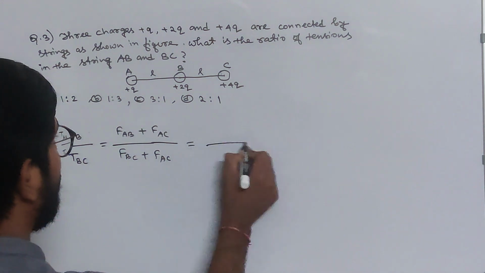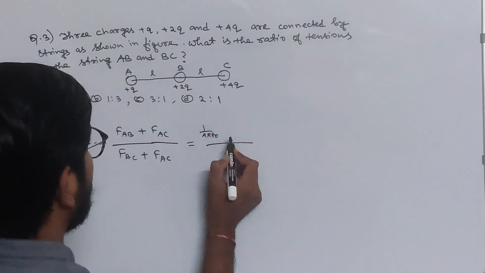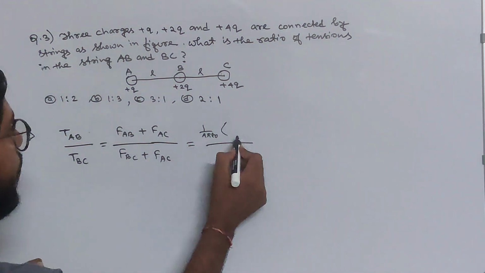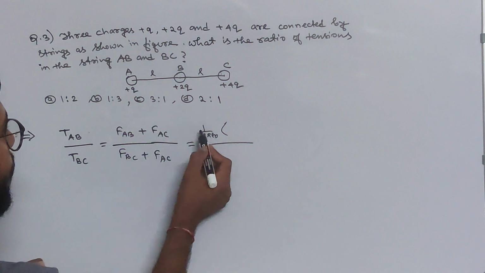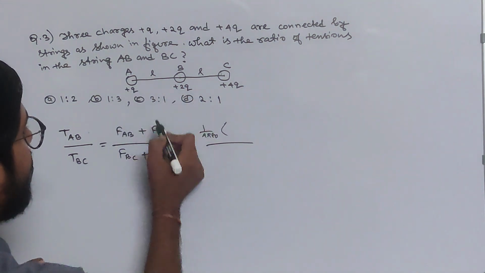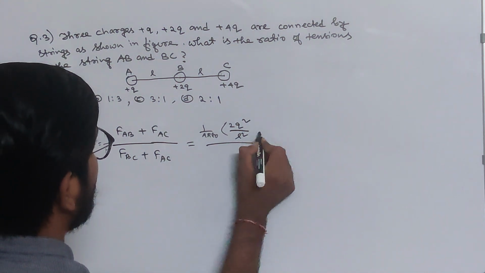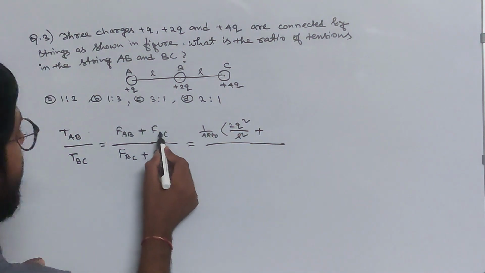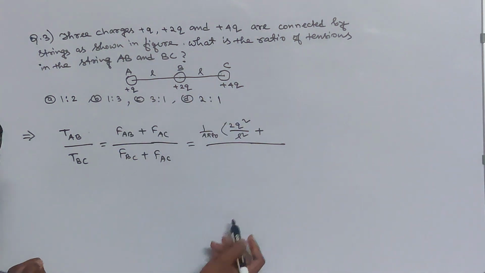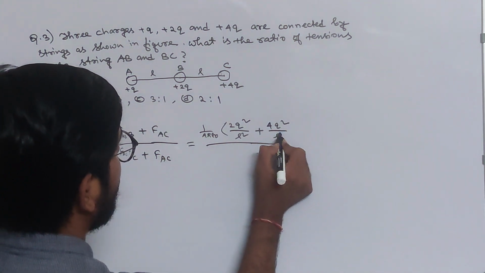So what will be FAB? It will be 1 by 4 pi epsilon naught. Let me take 1 by 4 pi epsilon naught common for both the forces. For AB it is Q times 2Q divided by the length square, that is 2Q square by L square, plus, charge at A is plus Q and at C is 4Q, so it will be 4Q square by L square.